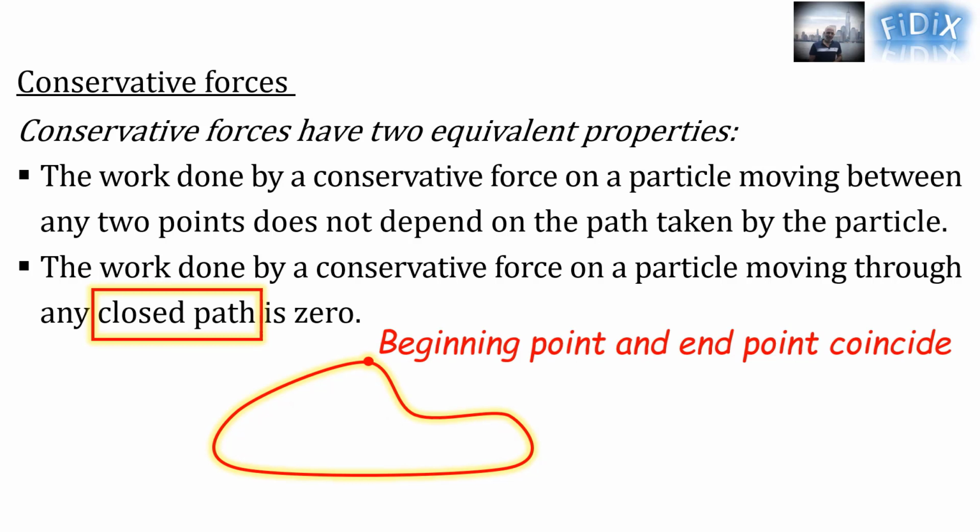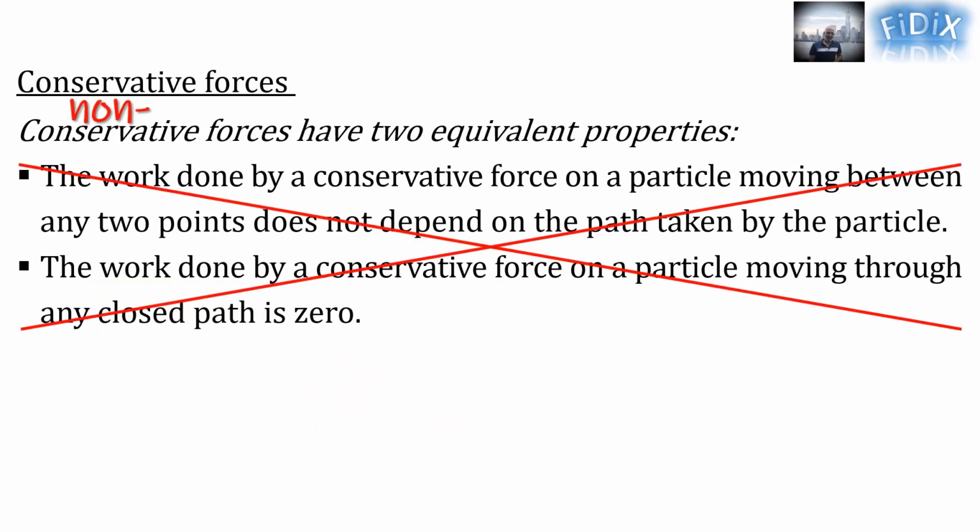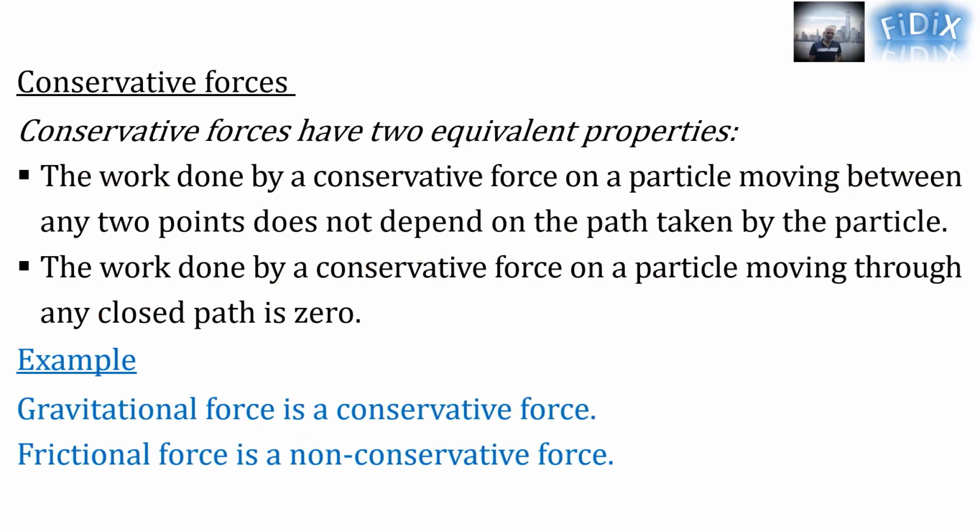Note that a closed path is one in which the beginning point and the end point coincide. Also note that a force is non-conservative if it does not satisfy these two properties. For example, gravitational force is a conservative force, whereas frictional force is a non-conservative force.